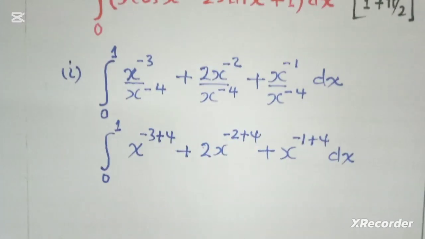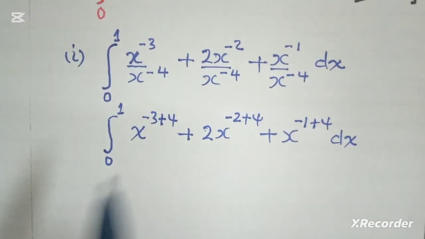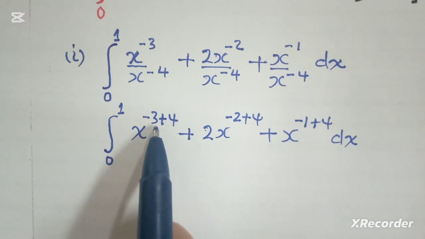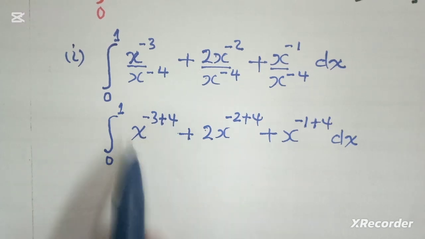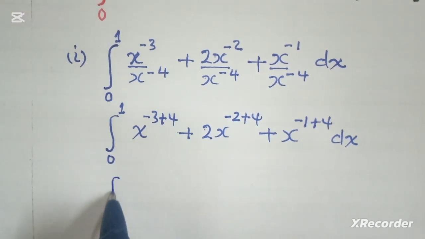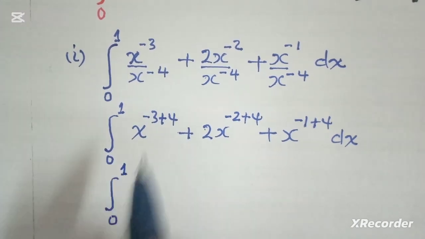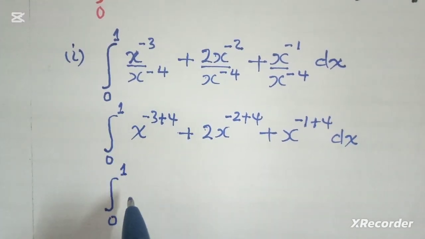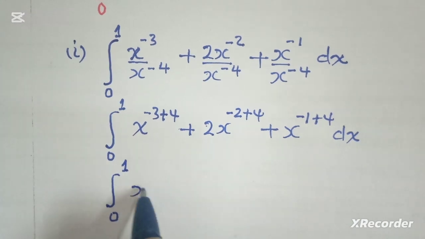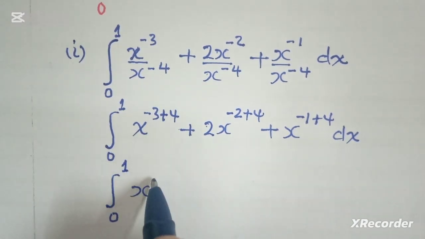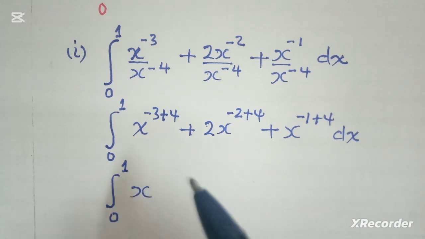From there we now find the indices. So that one will be from 0 to 1, that integral. By the laws of indices, x raised to negative 3 plus 4 is actually 1. So it's x raised to 1.